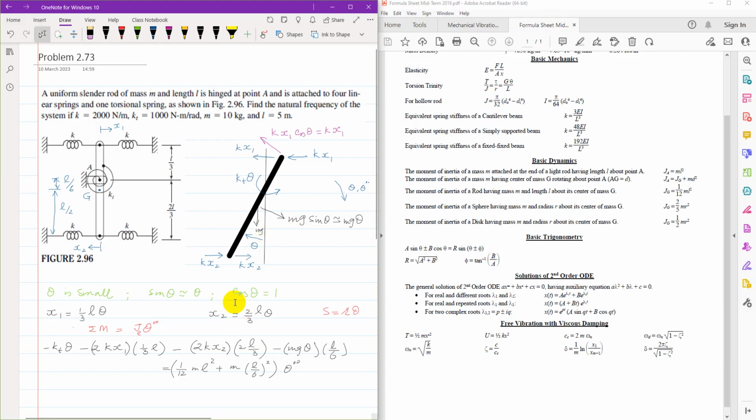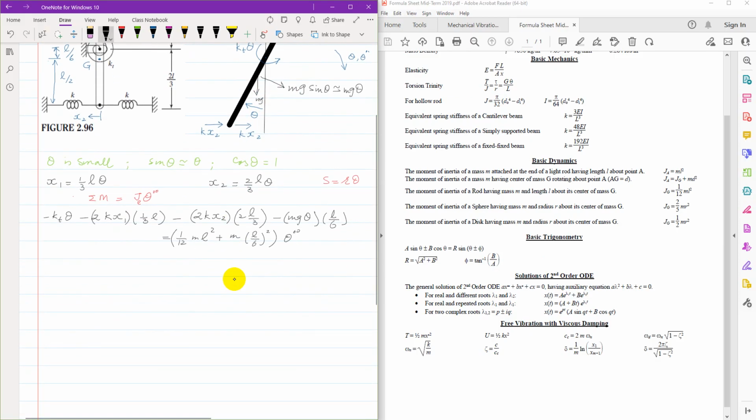So now after substituting the values of x1 and x2, this can be simplified. Here x1 is a third L theta. If we substitute a third L theta here, then a third times a third becomes 1 over 9, times 2 is minus 2 over 9 k L squared theta.